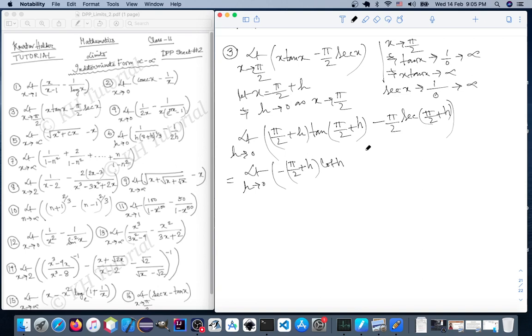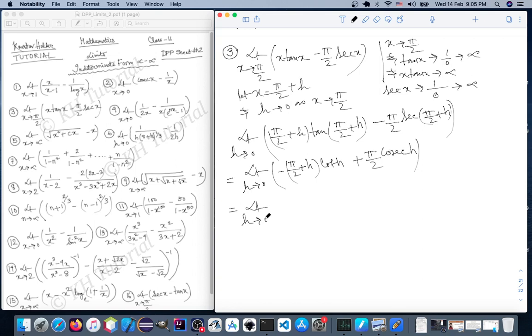Pi by 2 plus h is in the second quadrant, so sec will be negative, and sec of pi by 2 plus h will be its co-function, which is cosec. So it will be minus cosec h. So it will become plus pi by 2 cosec h. Let's proceed further.